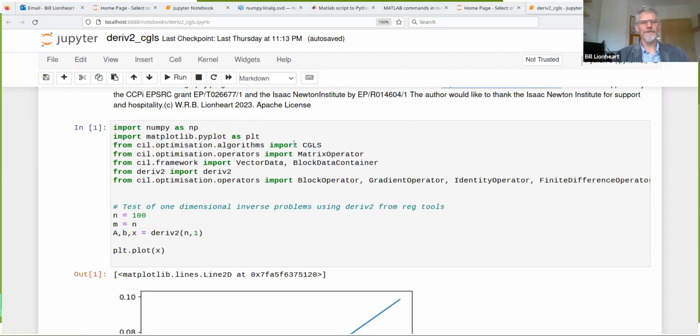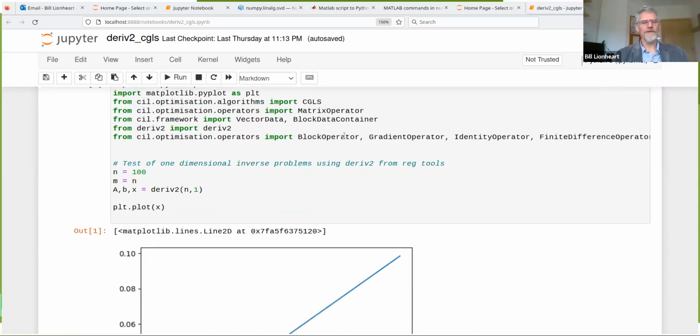I'm going to import CGLS, conjugate gradient least squares, and also the matrix operator, and so on. I wrote a script called deriv2 that we'll look at in a moment maybe, but it's more or less the same as deriv2 in Per Christian Hansen's regularization toolbox. I'll tell you what the difference is when we look at it.